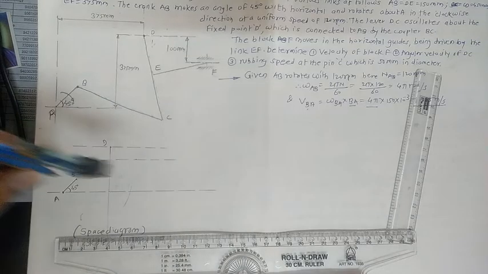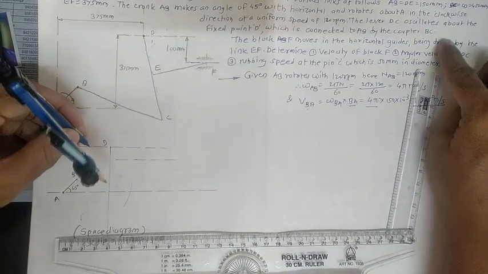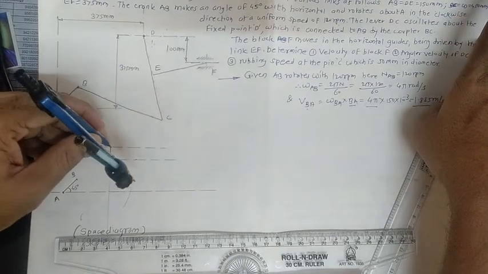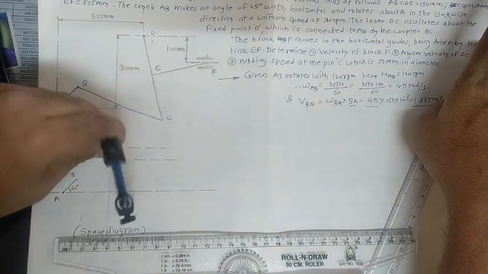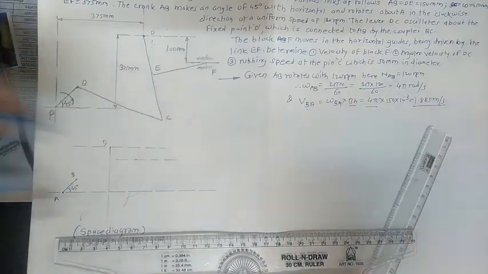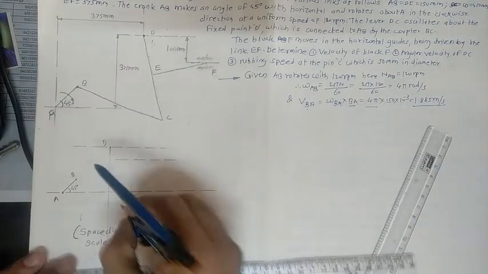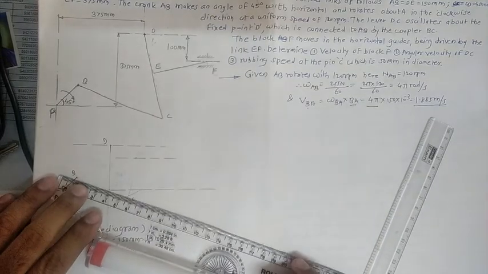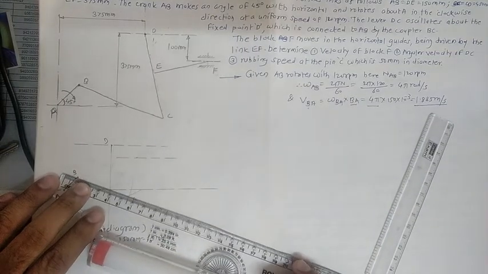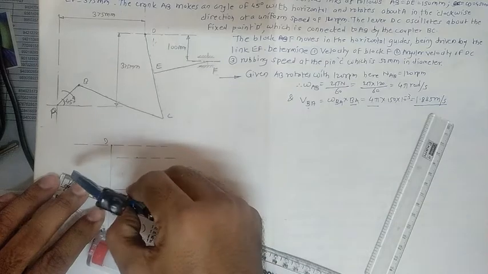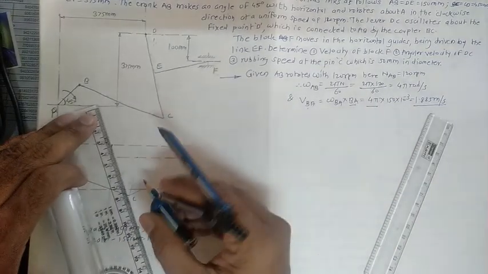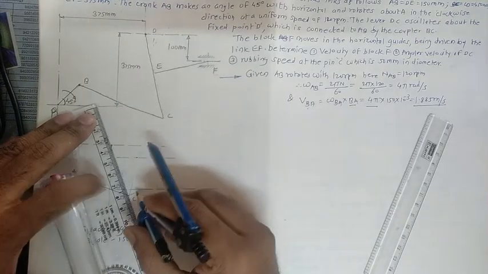At the same time, the length of DC is also 450, so taking D as the reference point, mark an arc here. The intersection of both will occur at this spot. This point is nothing but point C. So join this C point with the B point this way, and join this point with the D point.